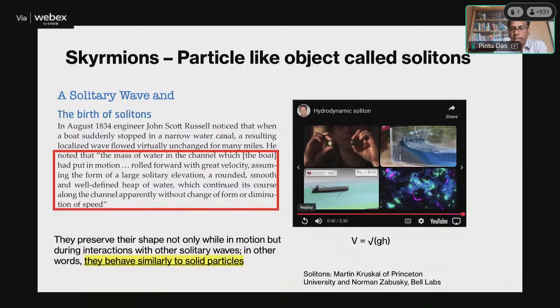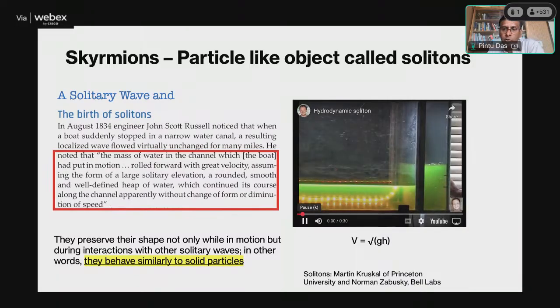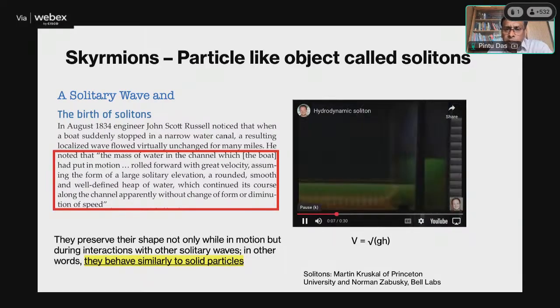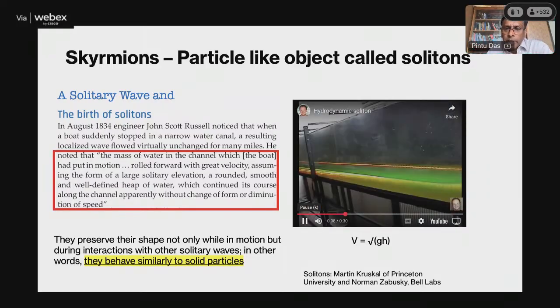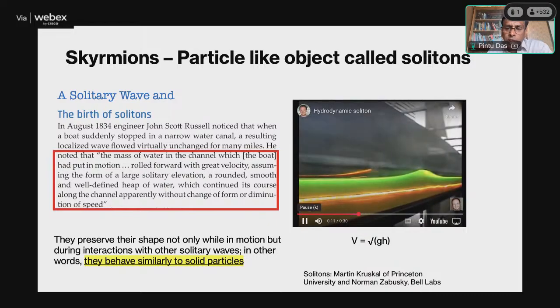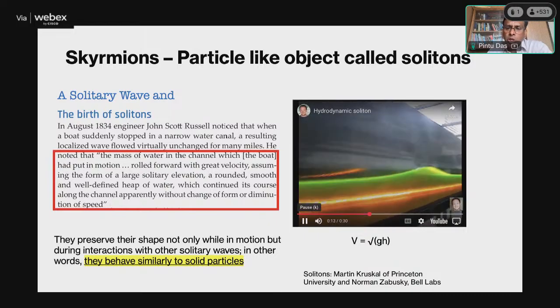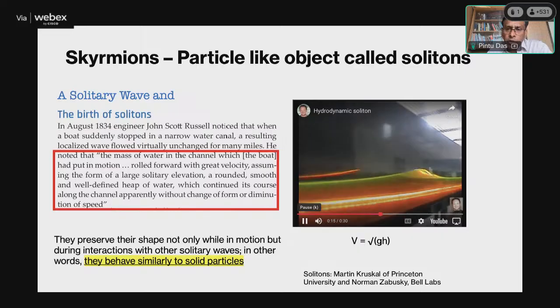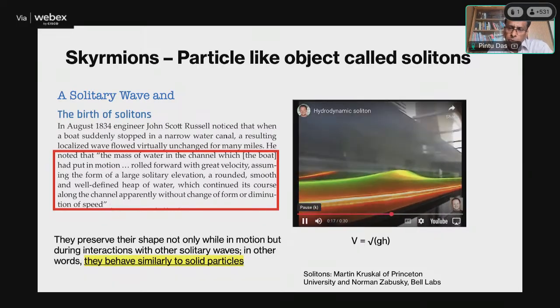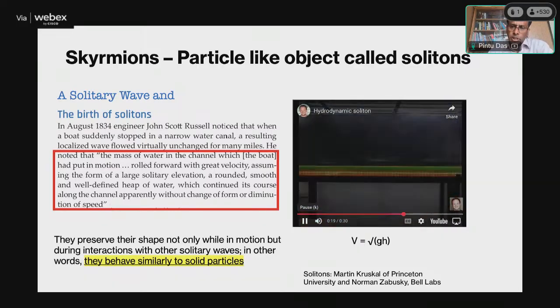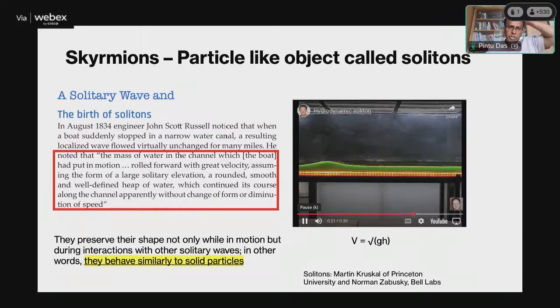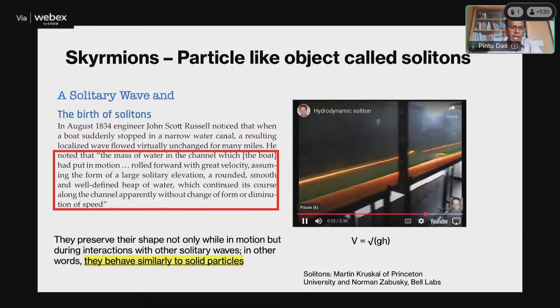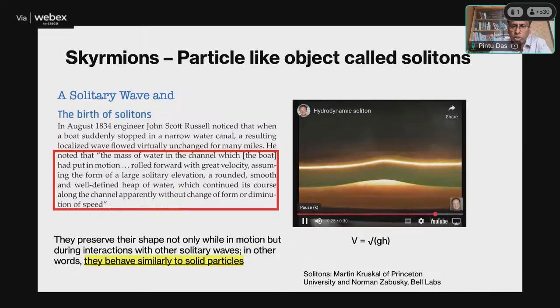So what you see again, this is in the laboratory. I've taken it from YouTube. You see that if such kind of waves are formed, the wave travels with a large velocity without being destroyed, right? So this is a solitary wave in water, and these are called solitary waves, and the particle part is called the solitons.